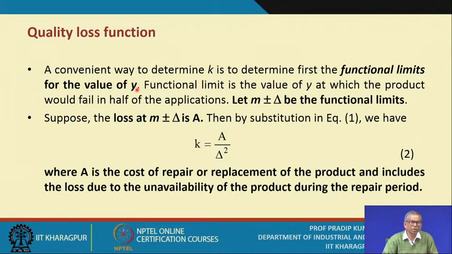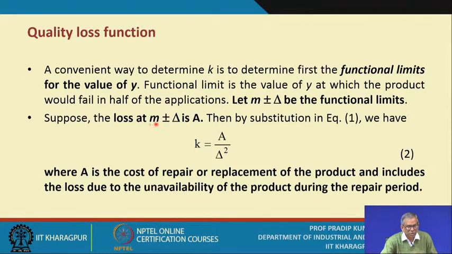So this range is technically feasible. Functional limit is the value of y at which the product would fail in half of the applications. So let m plus minus delta be the functional limits, as we have already pointed out.